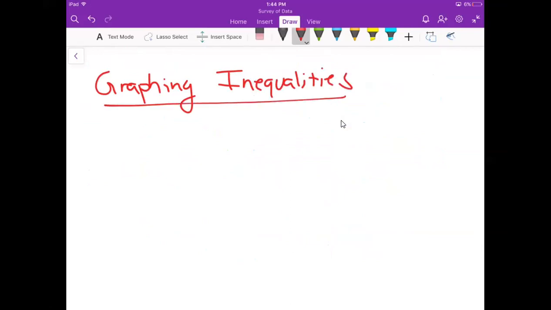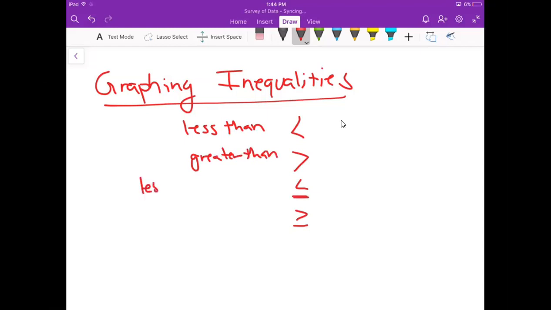So before we get to graphing inequalities, I do just want to review really quick what an inequality is. So an inequality is all your symbols of less than, greater than, less than or equal to, and greater than or equal to. So here again, less than, greater than, and then when you see that line underneath, you've just got that same symbol.